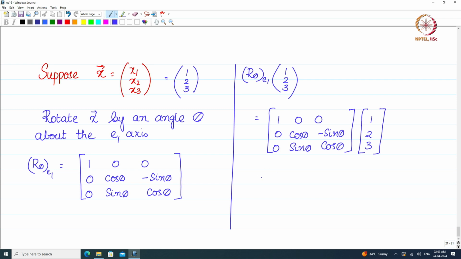So, the resultant, we know, the first component is fixed, so nothing happens to the first component. The second component is 2 cos theta minus 3 sin theta, and the third component is 2 sin theta plus 3 cos theta.